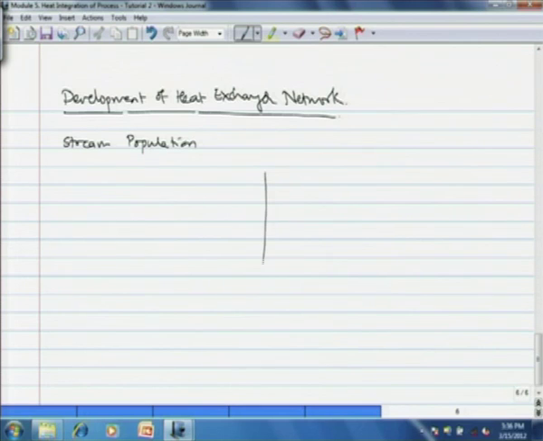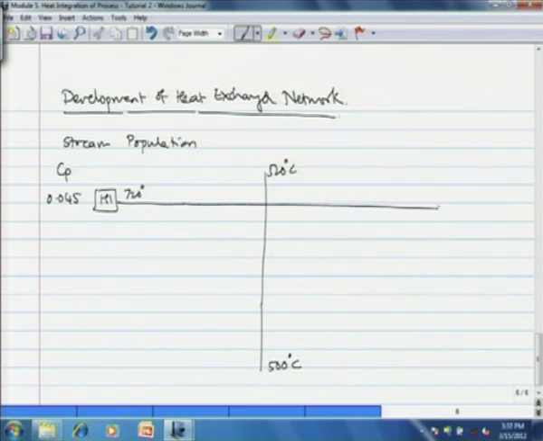As we just determined, the pinch occurs at 520 degrees centigrade for hot streams and 500 degrees centigrade for cold streams. Then we list the Cp values here. H1 goes from 720 degrees all the way to 320 degrees. Then H2 has heat capacity of 0.04.